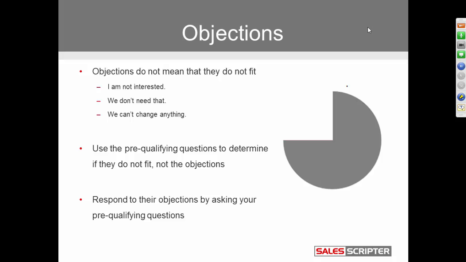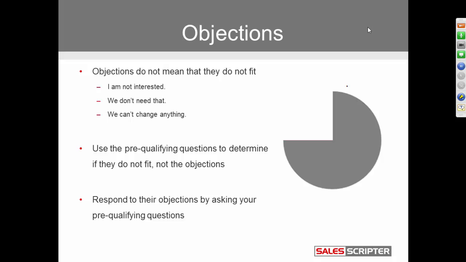Does that mean that they're in the gray of does not fit, or are they in the red of there may be a fit? If they can't change anything right now, that means what we know for sure is that they're not in that green sliver of fits now. But that's fine. That doesn't necessarily mean that they're in the gray.